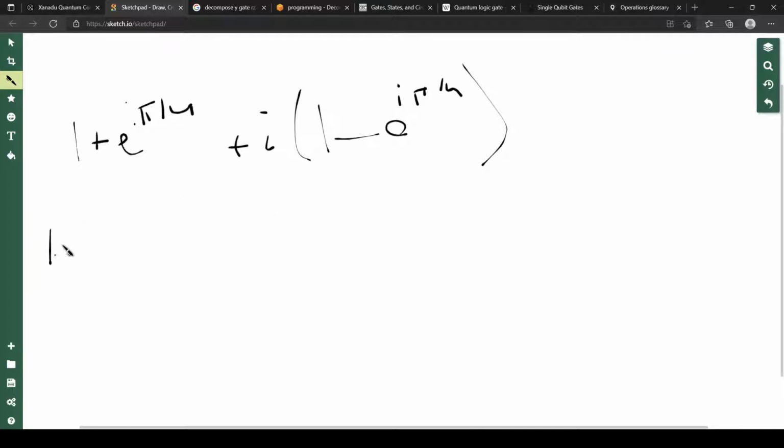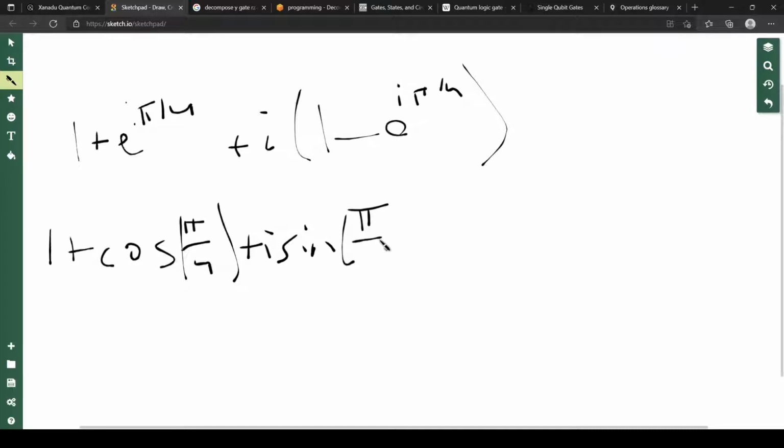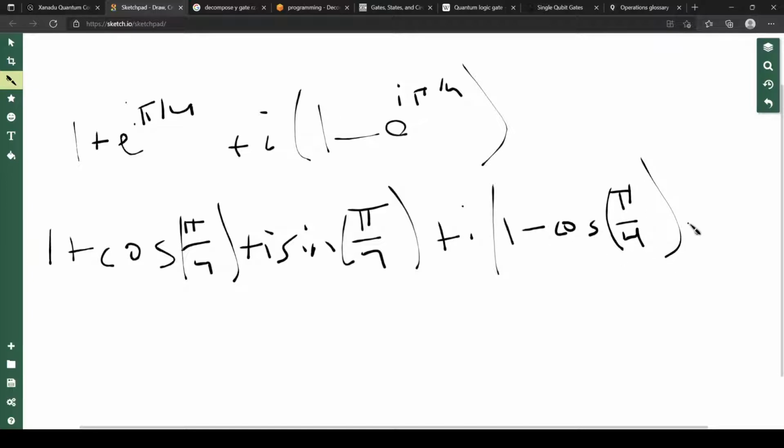Okay, so we can write this as 1 plus cosine of pi over 4 plus i sine of pi over 4, plus i times 1 minus cosine of pi over 4 minus i sine of pi over 4.